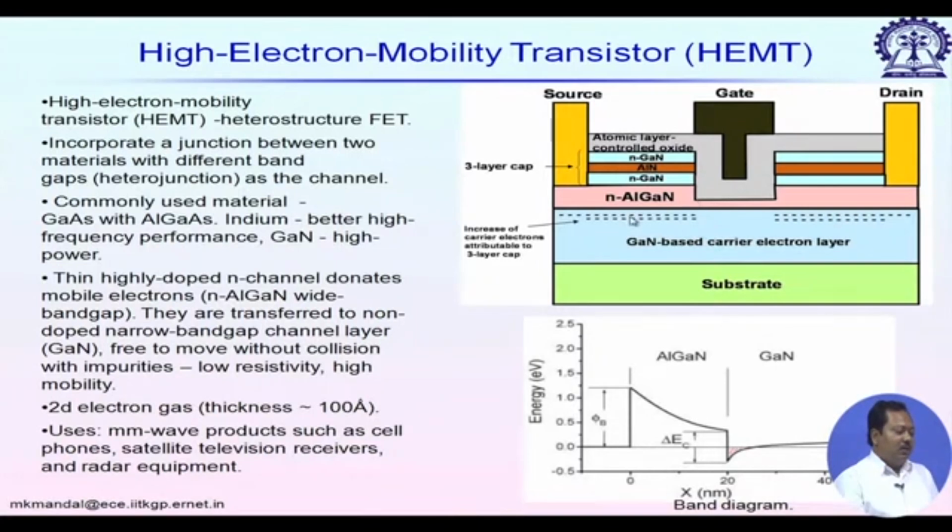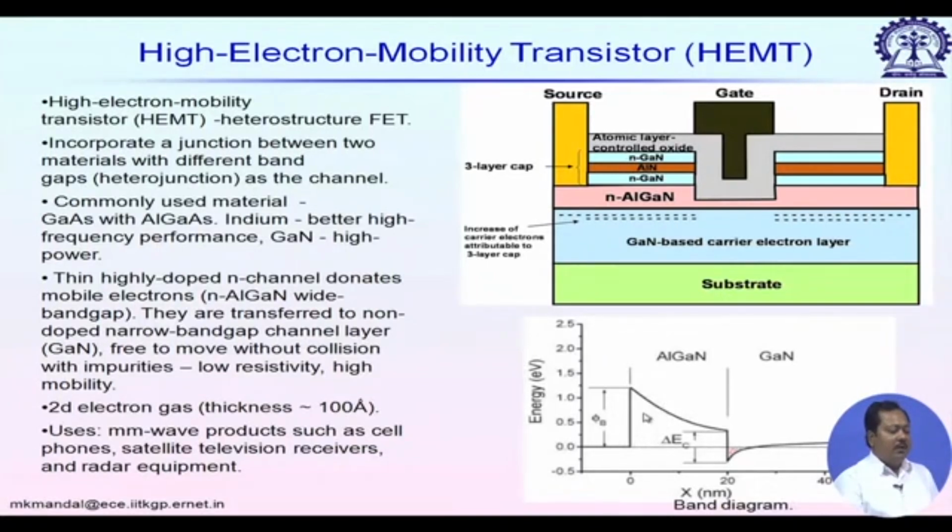Now, how does it operate? The electron concentration inside N type aluminum gallium nitride is much higher compared to the second layer, gallium nitride. Because of that we have a band bending effect and electron accumulation in the second layer. So, look at this band diagram.